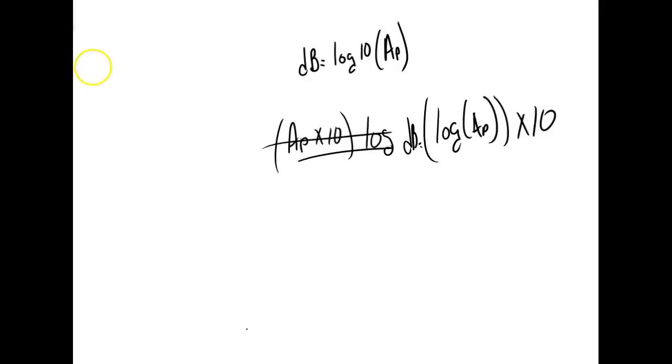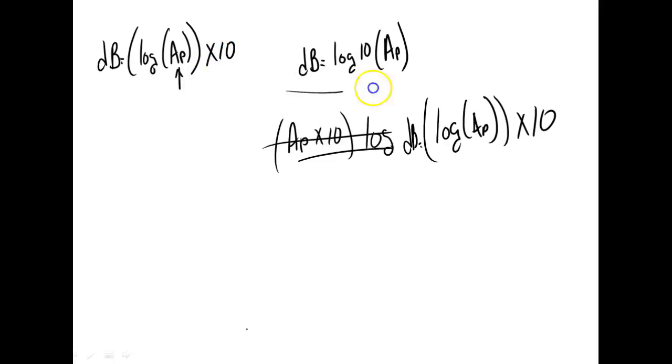Y'all see that? So dB would equal the log of AP, and what's AP? Power gain. And then we multiply our answer by 10. But this is the way the formula is given right here: log 10 AP.